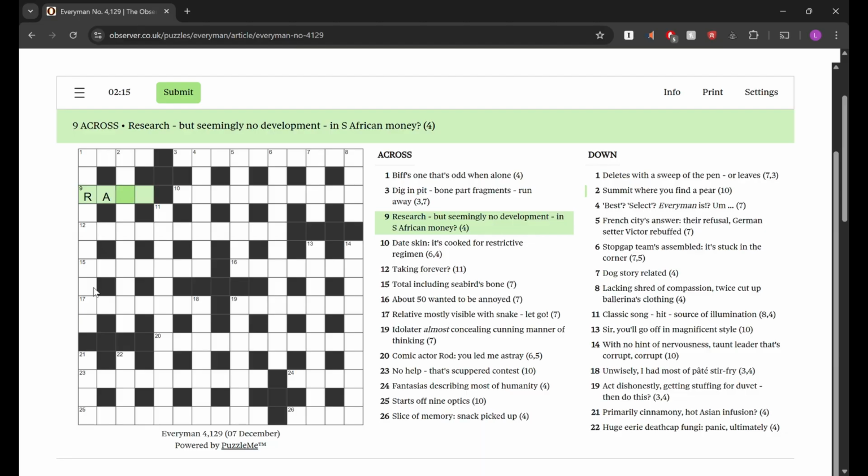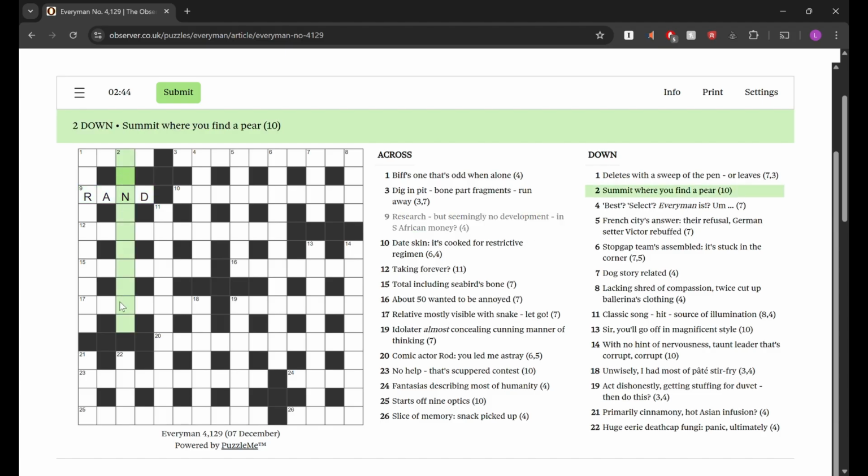Oh, well, R&D, from a business point of view, is research and development. But seemingly no development, so there's no extra D on there, so you just get the R for research without the development. And rand is a South African currency.